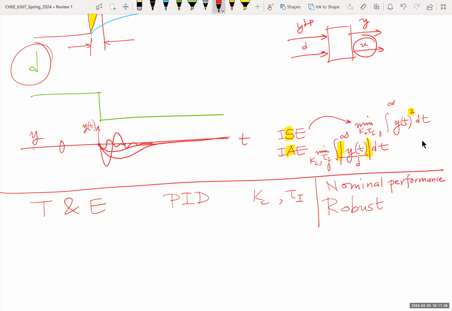So what does robust mean? It means I designed my controller and it works well for the nominal model. Is my controller going to work well for a perturbed model, a reasonably perturbed model? I need to consider this in my simulations. How would I consider that? We did some examples.